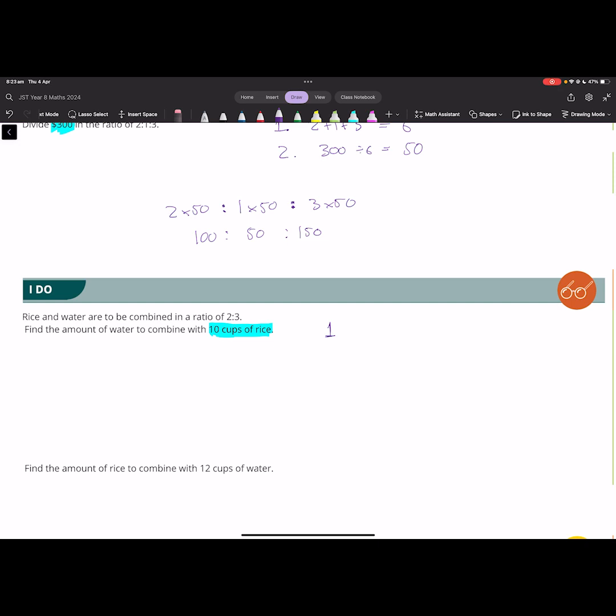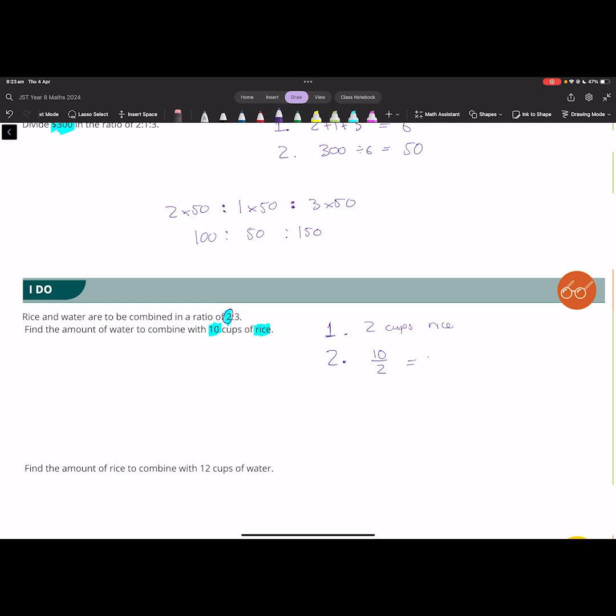We don't need to add up the total number of parts because we already know that there are 2 cups of rice in our ratio. So then when we work out the value of one part of our ratio now, instead of dividing that number 10 by the total, 5, we divide it by 2 because we only want to divide the number of cups of rice by the number of cups of rice in the ratio.